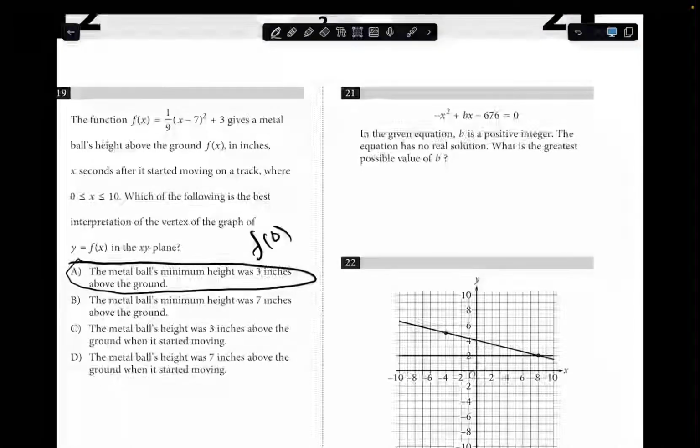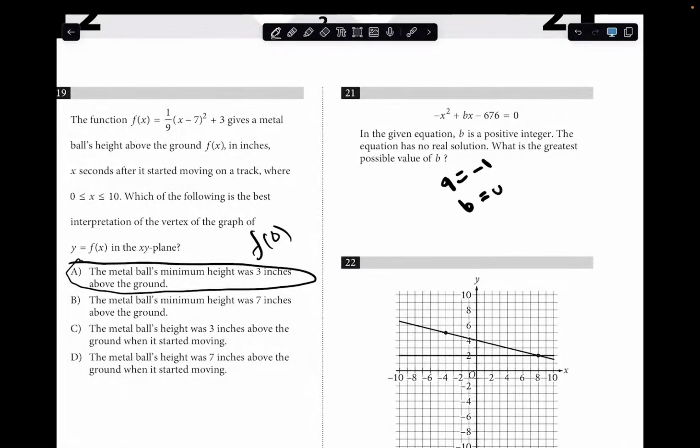Negative x squared plus bx minus 676 equals 0. In the given equation, b is a positive integer. The equation has no real solution. What is the greatest possible value of b? So we can use the quadratic, where a is -1, b is unknown but positive, and c is minus 676.